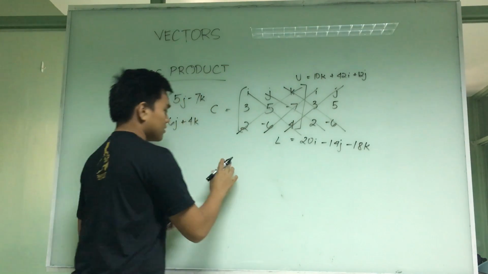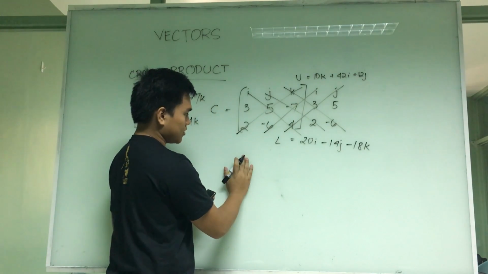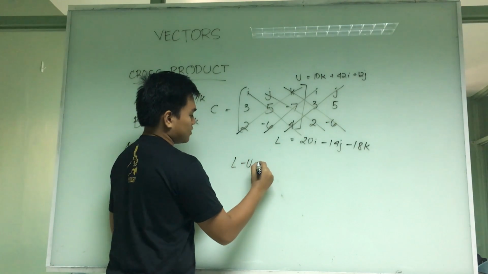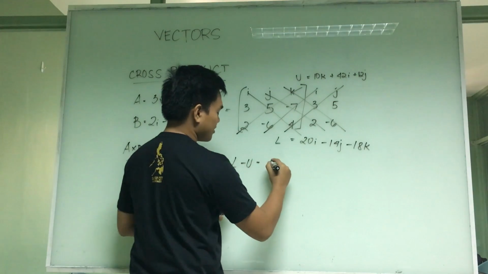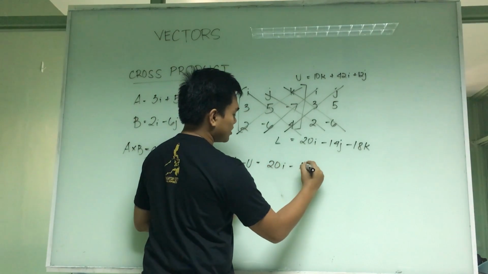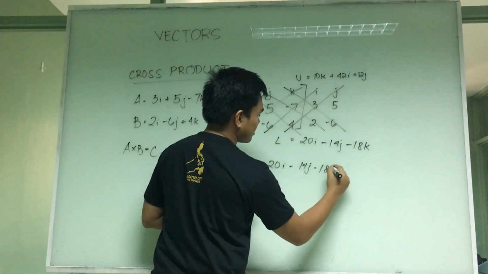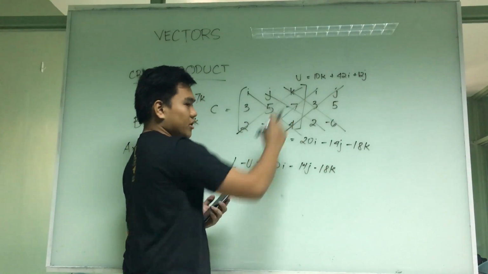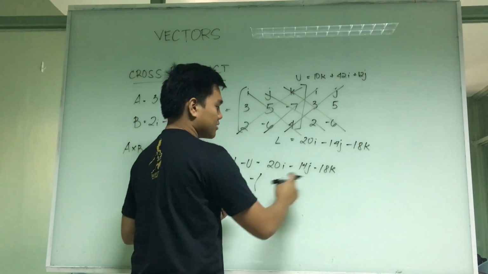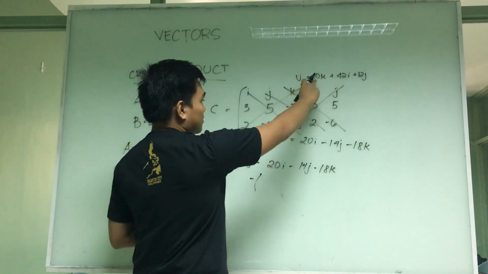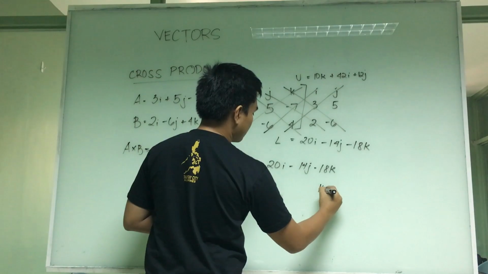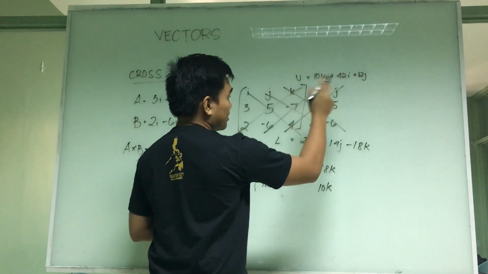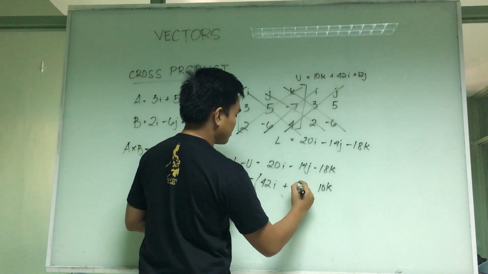Now, to find the value of C, we're going to use lower minus upper. So we're going to have 20i minus 14j minus 18k, and minus, let's put the corresponding variables down: 10k will be here, 42i will be here, and lastly 12j will be here.